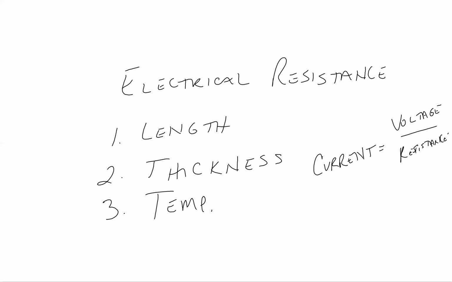So current and voltage could be equal, even though they're different units. We could say a 12-volt battery might have 12 amps, for example, but if there's resistance, then that changes, okay?